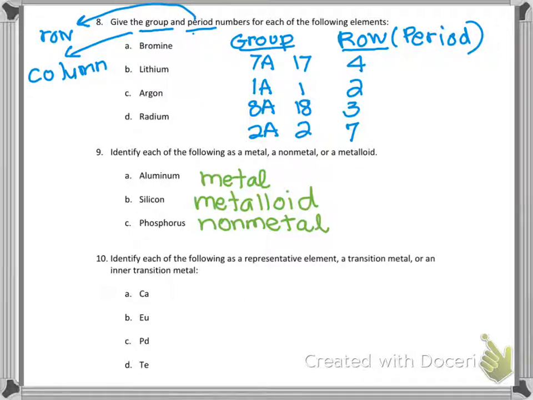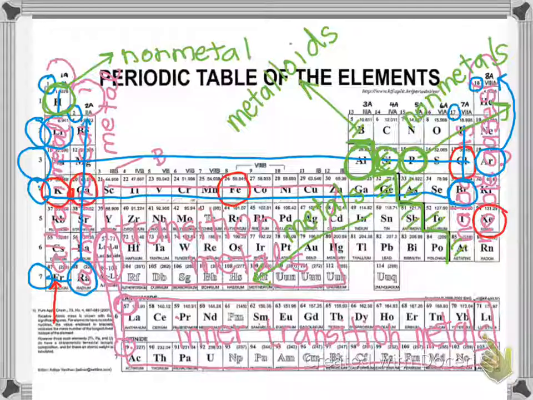Now question 10 is a big way also to identify each of the elements as a representative element, a transition metal, or an inner transition metal. And I did not mention the representative elements. However, I have already mentioned the transition elements are here in the middle, and transition elements have B's in their group. The inner transition elements are the ones that are down here on the bottom.